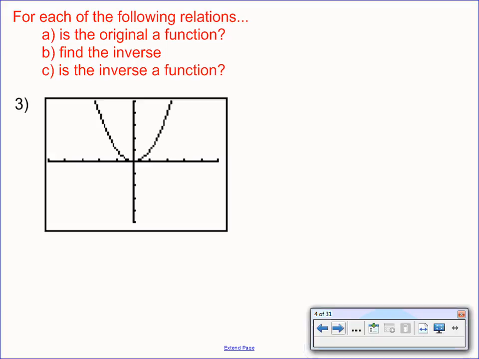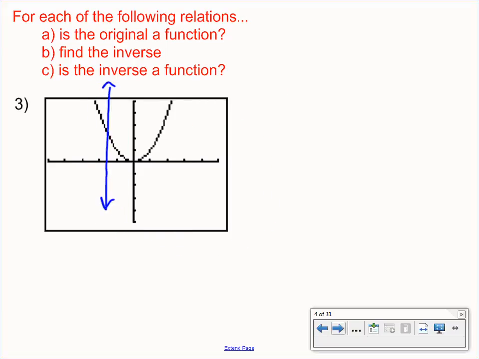So I agree that the horizontal line test can be used to tell whether or not something will be a function. But for letter A, I want to know if the original graph that we're looking at is a function. And so would I use the horizontal line test to see if the original is a function? Yeah, we use the vertical line test for the original. So we can answer A and C without finding any inverse.